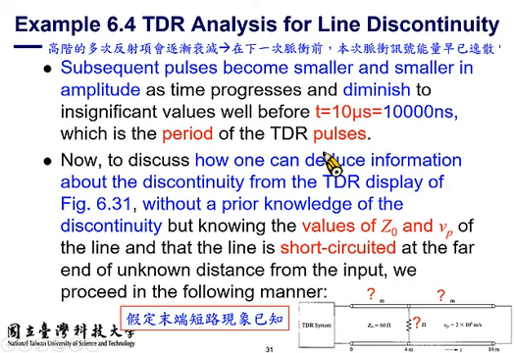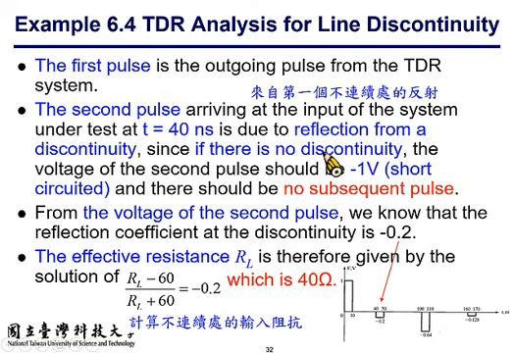What we can do is perform a TDR test and try to estimate the type of discontinuity and the position of the discontinuity according to the result, which is shown on the bottom right, okay?